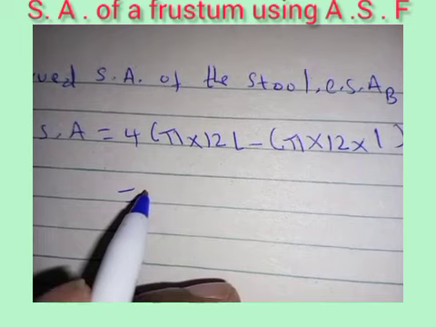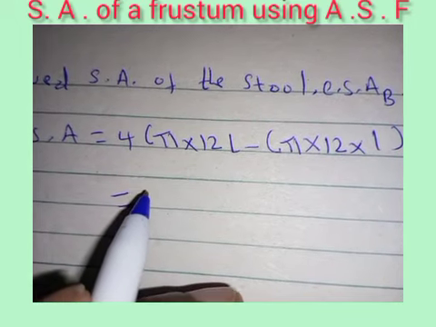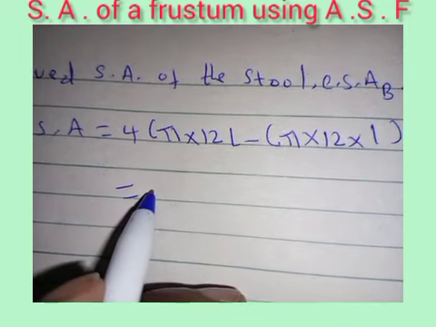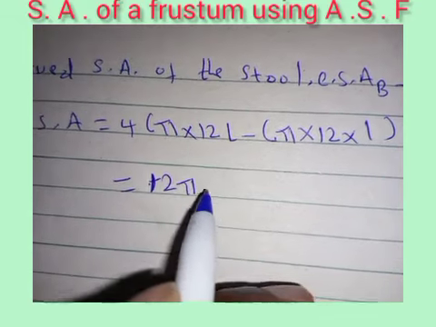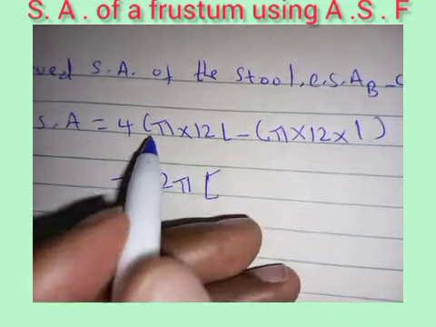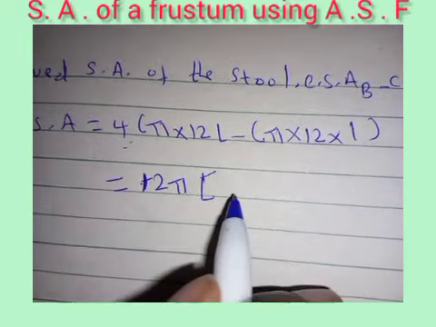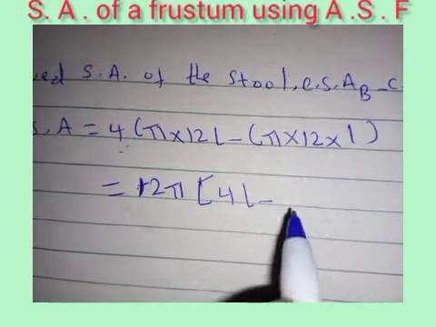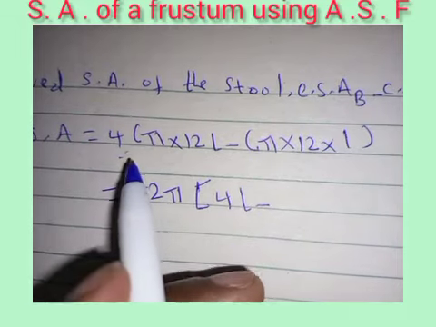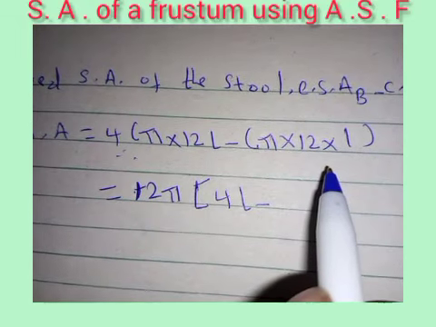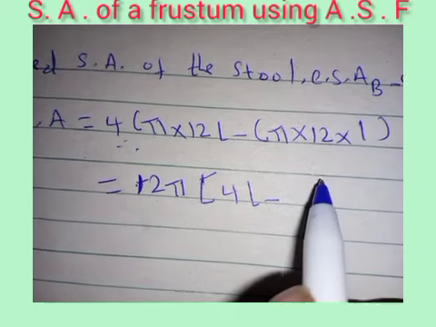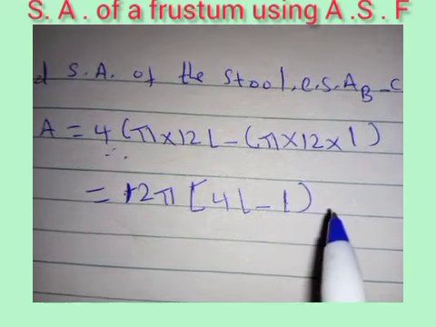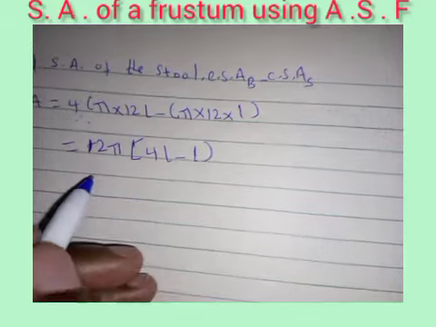So outside we factor pi and 12 outside to have 12 pi into bracket. Here you will be left with 4L minus, and for this part you will only be left with L.